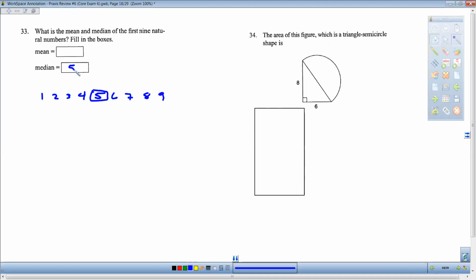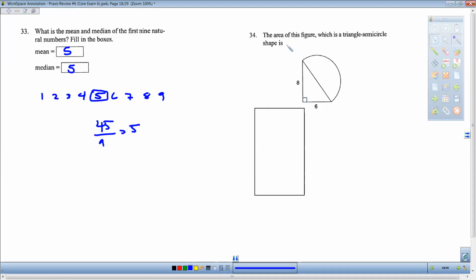So that would be our median. But when we add 1, 2, 3, 4, 5 all the way to 9, we're going to get 45. And when we divide it by how many numbers we have, which is 9, we're going to get 5. So the mean and the median are equivalent.